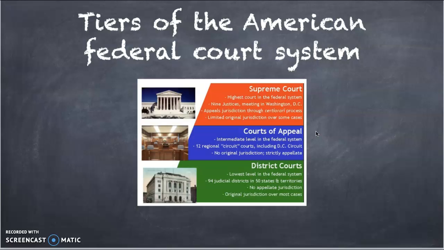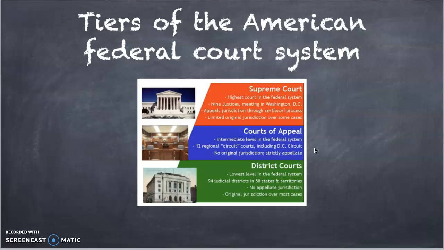Next, we have the Court of Appeals. Now, these are the intermediate level courts within the federal system. And intermediate means between the trial courts, district courts, and the Supreme Court. So this is the first level of appeal that often takes place.